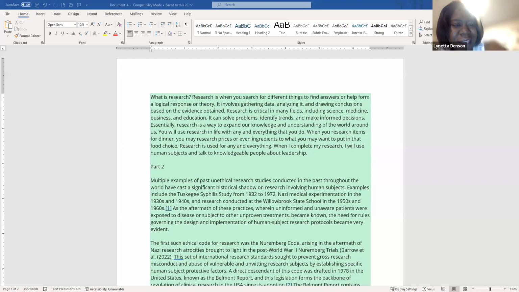Now, my introductory paragraph, how am I going to let the reader know what this discussion is about? I've got two parts. I've got to introduce that article that I found. So you want to give the reader some information: the author's name, a citation, and a one to two sentence description about what their research study was about.